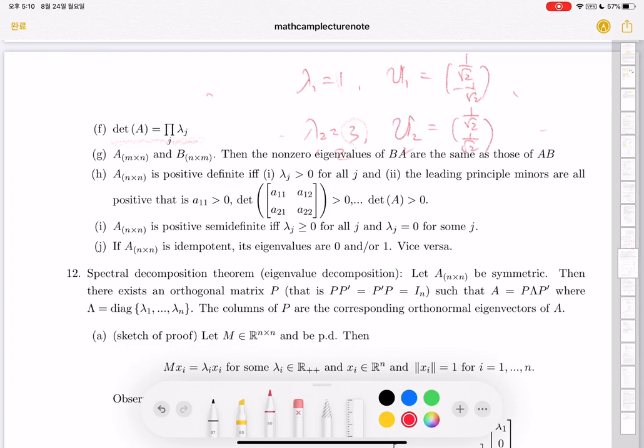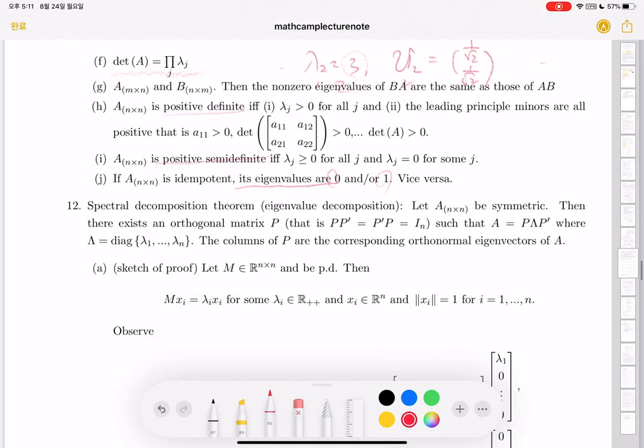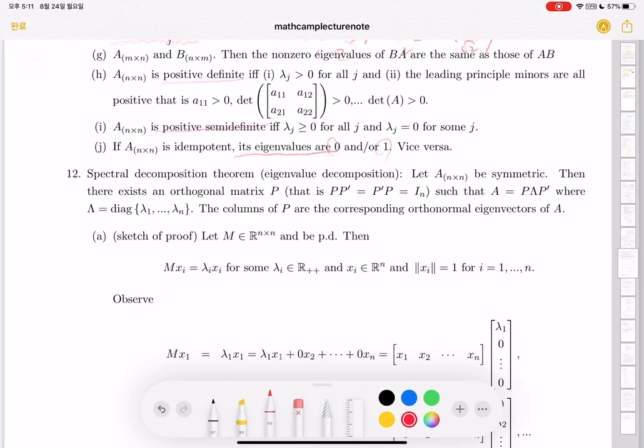So we are going to learn special matrices such as positive definite and positive semi-definite. If the matrix A is idempotent, then what we know is eigenvalues are 0 or 1. And it's not easy to prove. It's related to what is called the spectral decomposition theorem, or eigenvalue decomposition theorem. Spectral decomposition and eigenvalue decomposition are, at least in our context, identical.